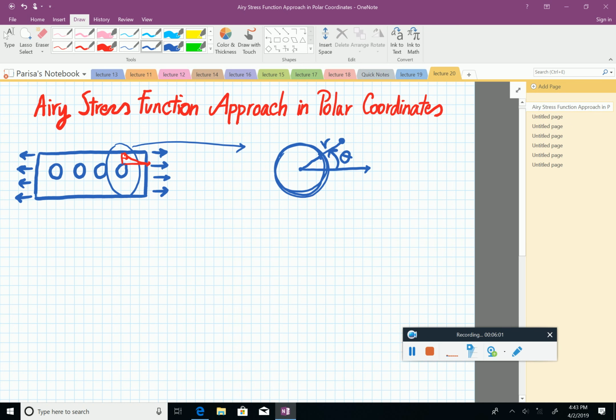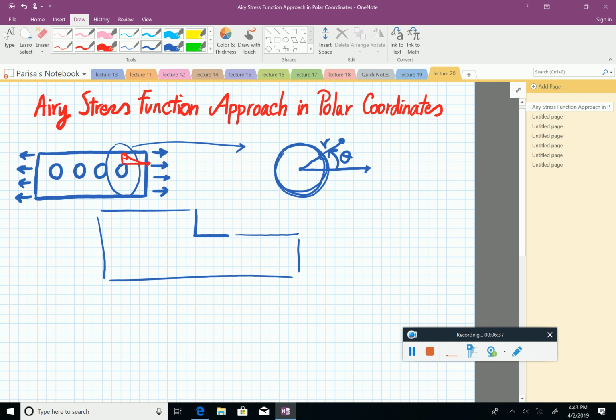Well, it would be a lot of waste of time if studying the holes would be the only application. There are many other applications where the polar coordinate formulation is a lot more useful. Another very important, related example is when you want to study corners. Imagine a part of a structure, and then you have a corner.